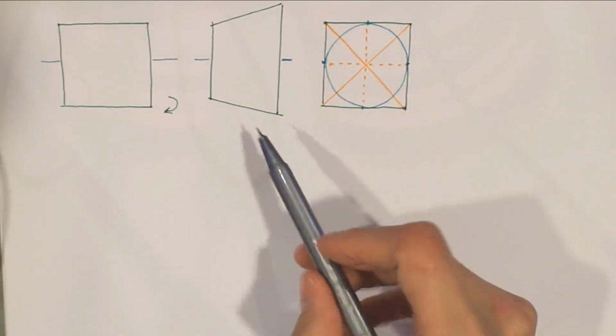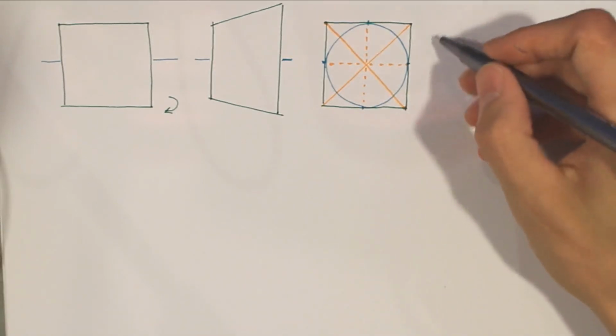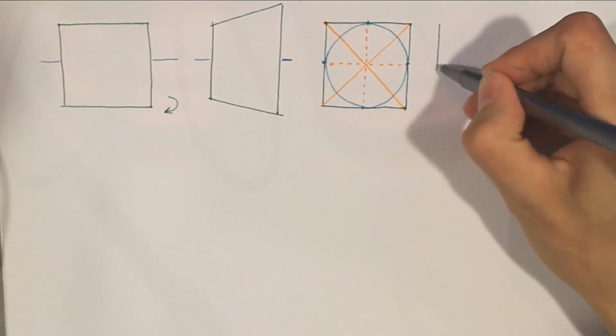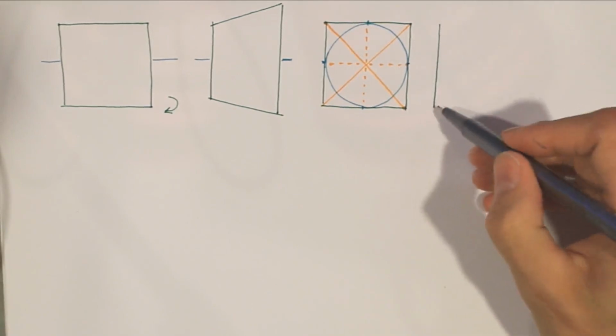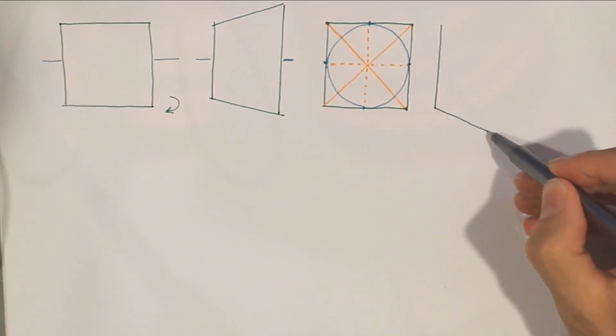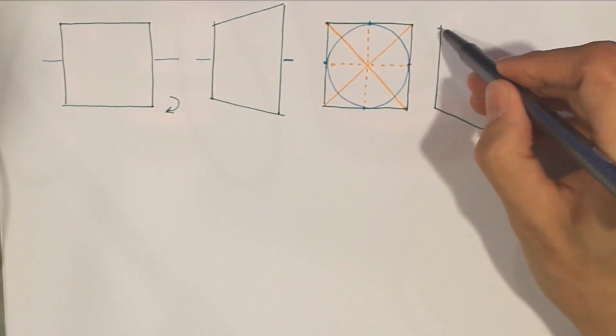Now, if we do the same thing where we twist this box, we'll twist it clockwise again. Again, one of these lines is below the horizon, the other above.